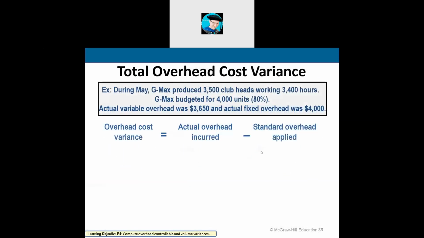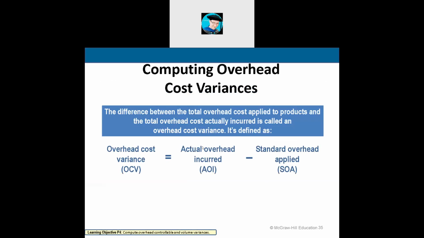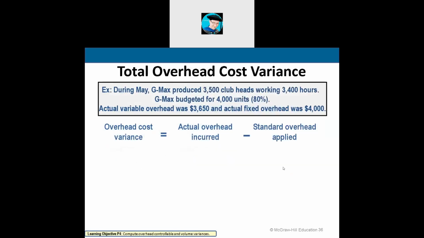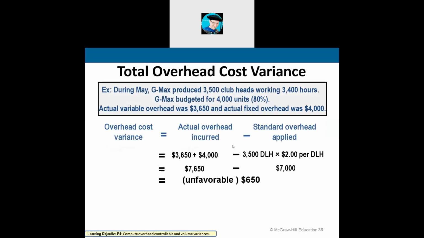And then, of course, we can compute the cost variance for the predetermined overhead rate. We take the actual overhead incurred, the actual overhead that happened during the accounting period, minus the standard overhead applied. Now, if we use the earlier example, actual overhead incurred 3,650 plus 4,000, which comes from that 80% rate, gets us 7,650.